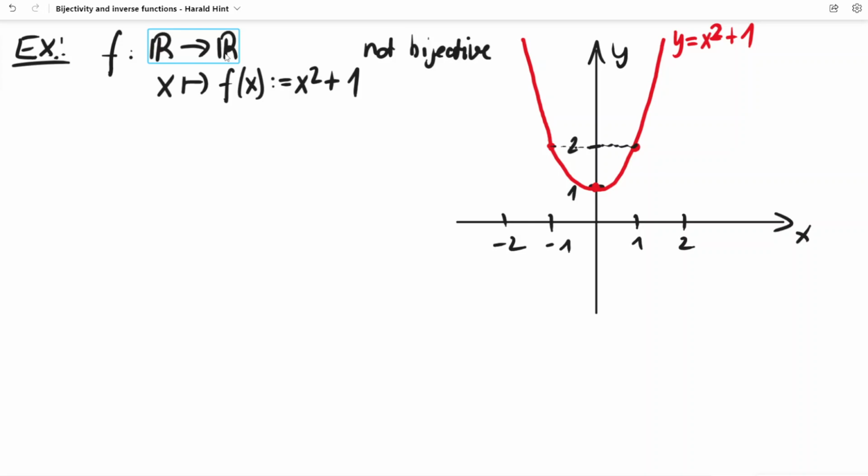We have to look at the graph, and we choose the right branch. You could also choose the left one, but in this case, we choose the right one. So we restrict f to the branch on the right. The domain are the x values, and the domain starts from 0 to infinity.